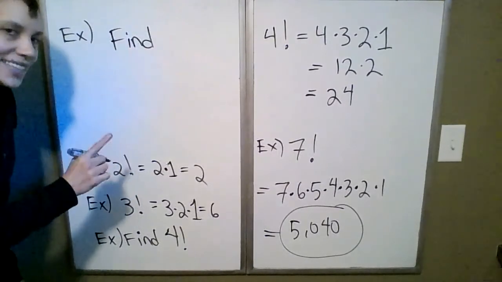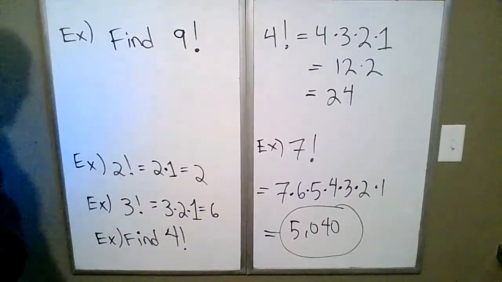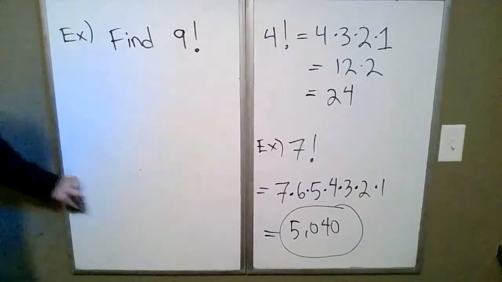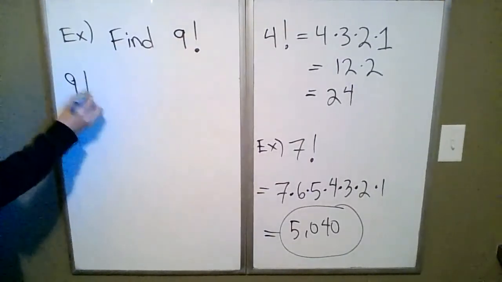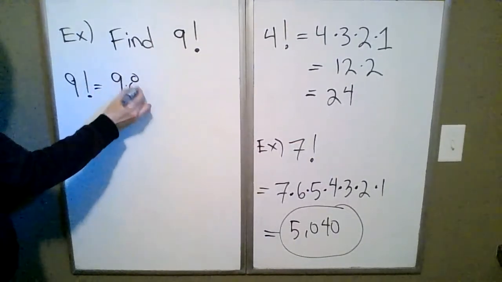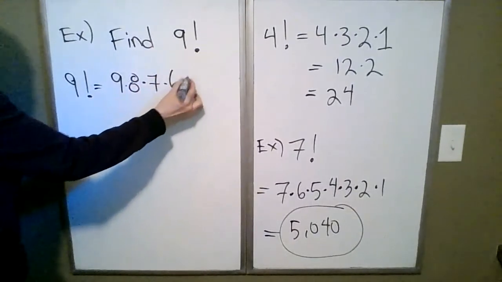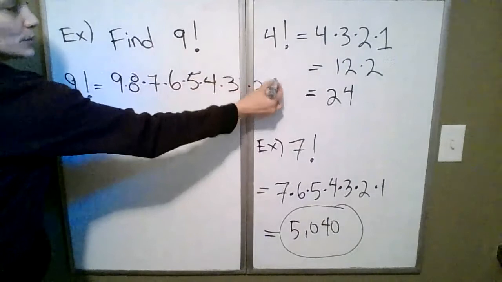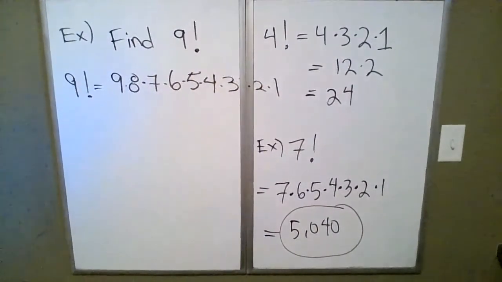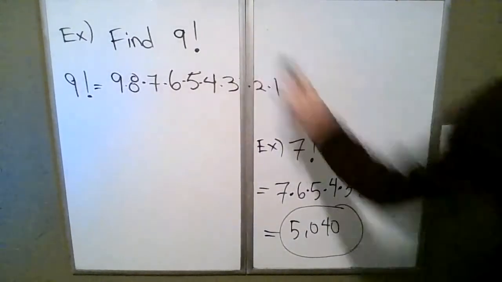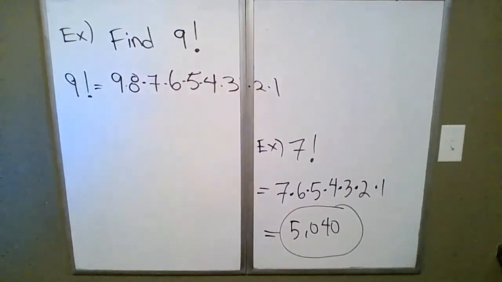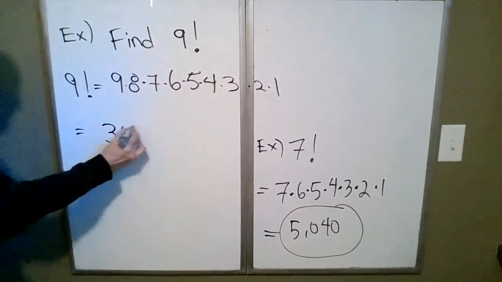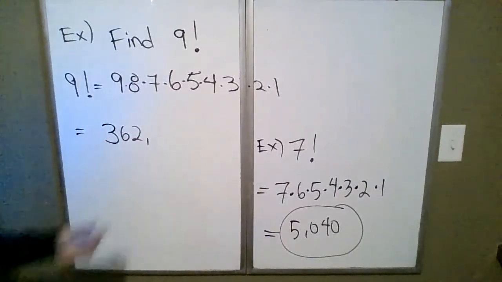Let's look at 9 factorial. We want 9 times 8 times 7, 6, 5, 4, 3, times 2 times 1. And I got 362,880.